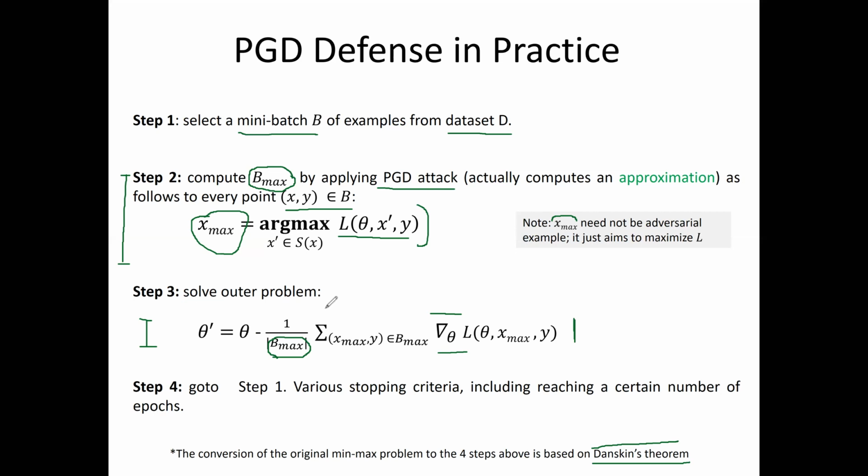So this is the implementation of the PGD defense in practice. We obtain the new weights, take the gradient step, and we continue back and do the standard training, but just this time with this B max instead of B.